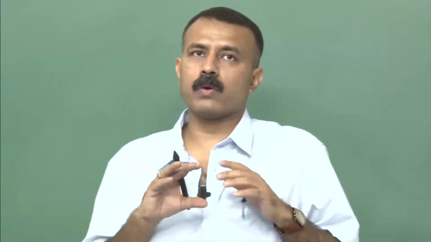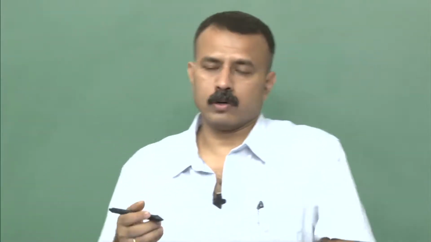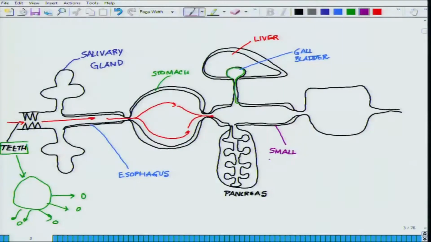So, this is a very well vascularized structure in the body. Then comes the small intestine, and then comes the structure called the colon or large intestine.